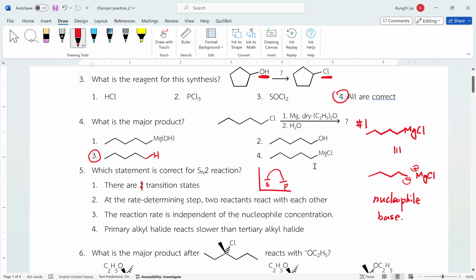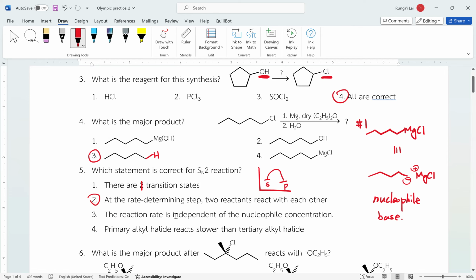The second choice is that at the rate determining step, two reactants react with each other. So this one should be correct because it's an SN2 reaction. That means your nucleophile and the electrophile need to react together in order to be at the rate determining step.